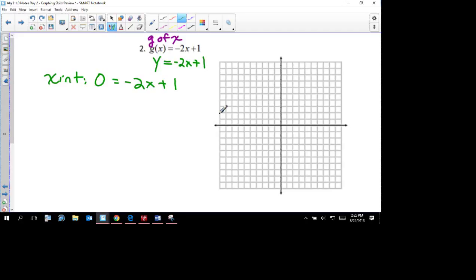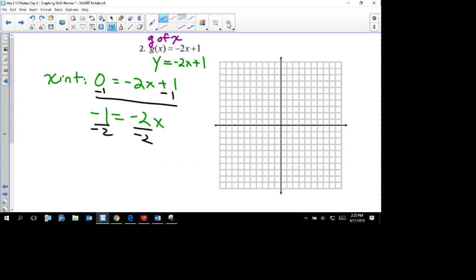What's the first thing I should do? Subtract 1, because this has negative 2 times x plus 1, so minus 1. Last thing that was done. Opposite. So I have negative 1 equals negative 2x. Negative 2 times x. So how do I cancel out negative 2 times? Divide by negative 2.